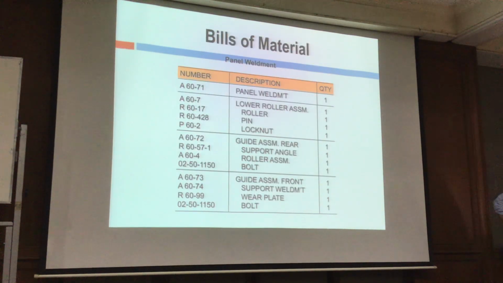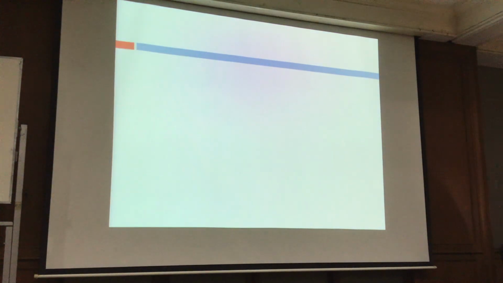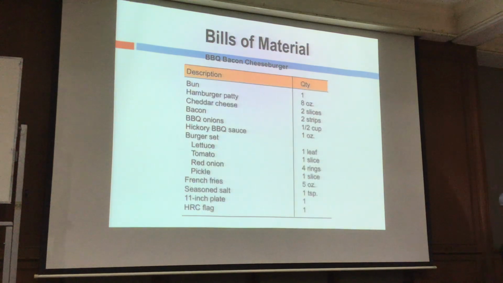Yes, you have the part number, which describes what the part is used for, and also the list of the quantity for each part number. And this is not just for manufacturing. When you would like to make a BBQ bacon cheeseburger, you can have a bill of material as well. List everything of the components and the quantity.